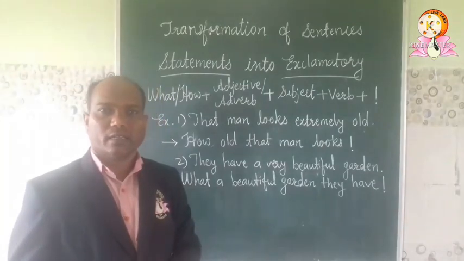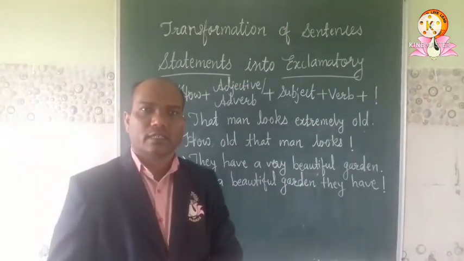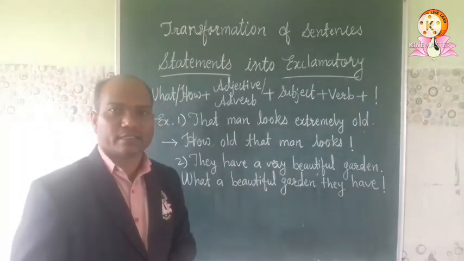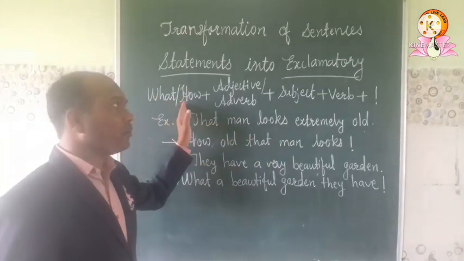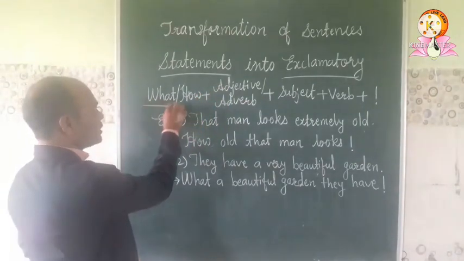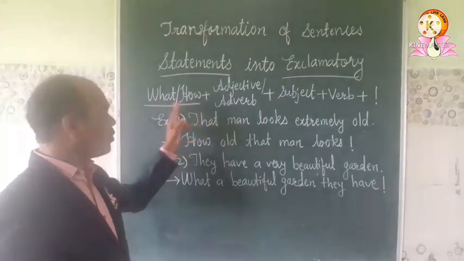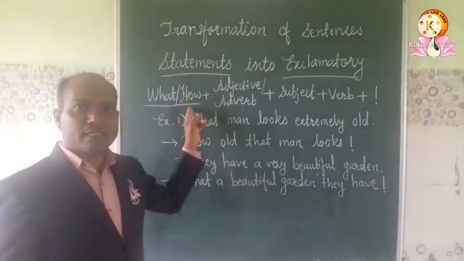Now let's learn the general formula or structure that we can use for making an exclamatory sentence. Look at the blackboard here. First, for making an exclamatory sentence, we have to use words like "what" or "how" in the beginning.